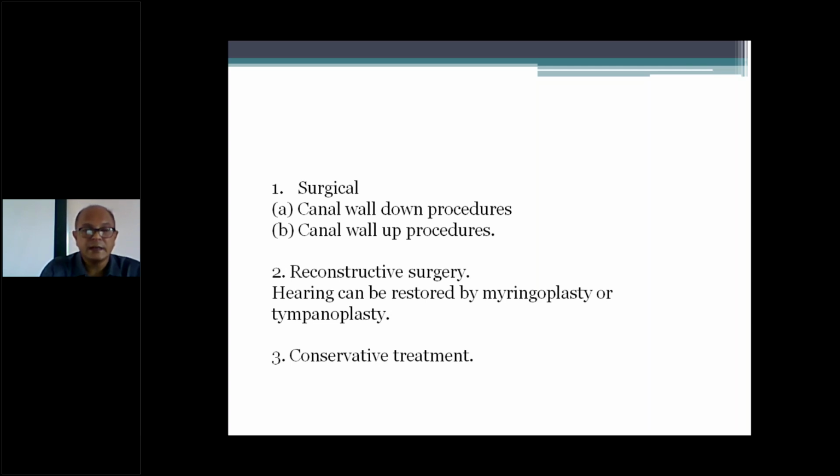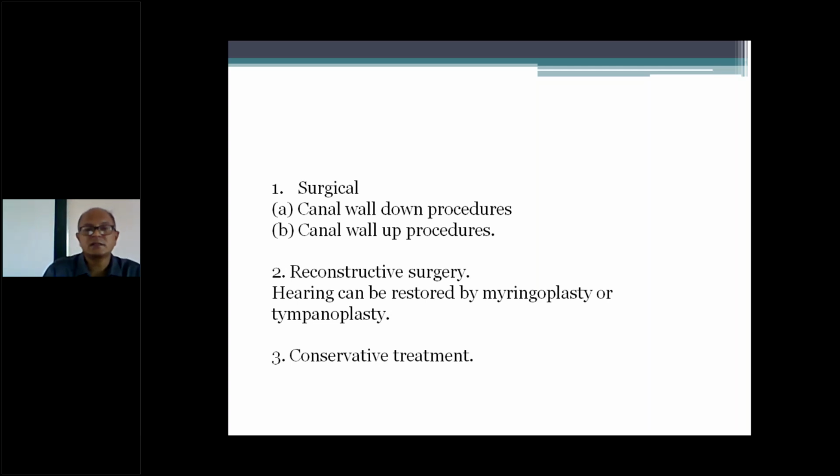One is an anterior to posterior approach, the other a posterior to anterior approach. There are also very small procedures like doing an atticotomy only. If you see a very small cholesteatoma limited only to the attic, you do an atticotomy, remove the sac and then reconstruct the attic.